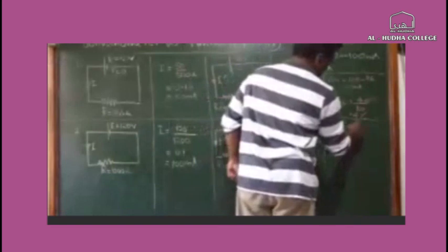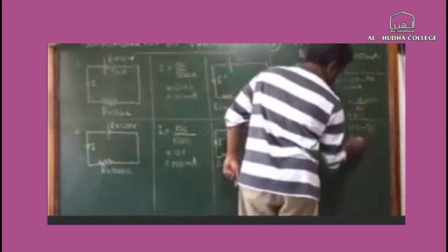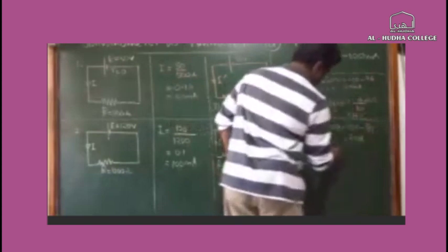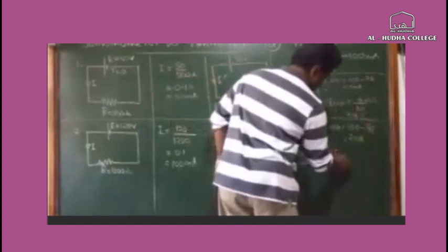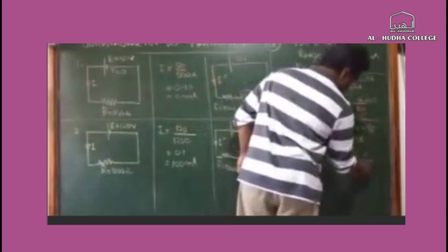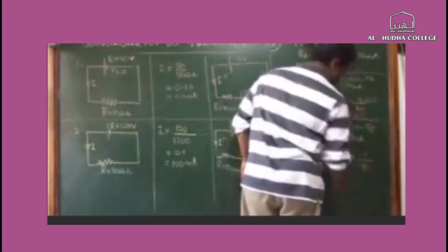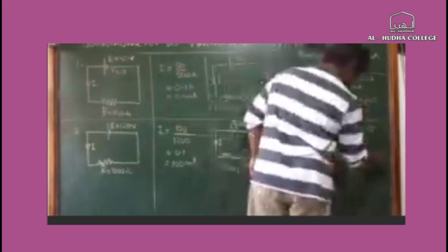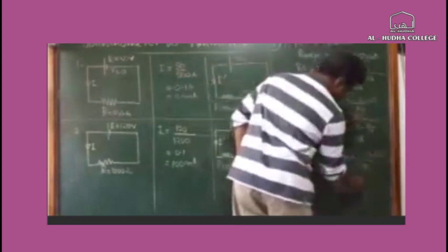Now we can calculate the error: 100 minus 98, that is 2 milliamps. For 100 milliamps, we get 2 milliamps, so for 100, this is 2%.